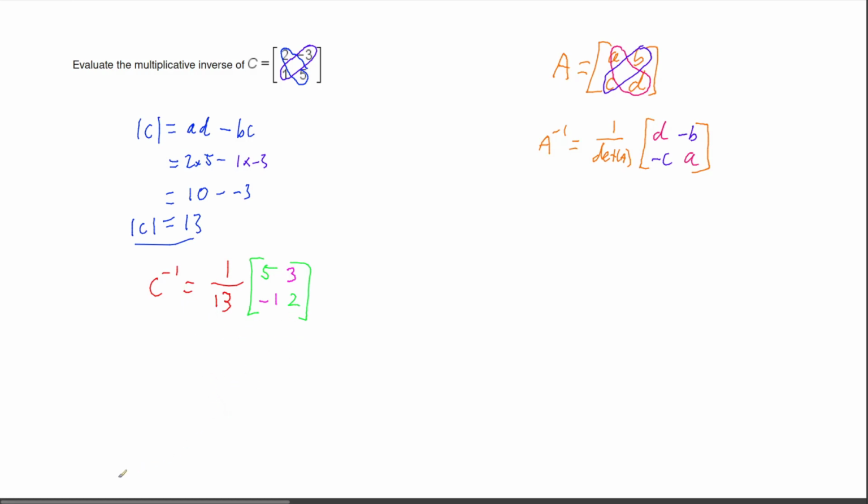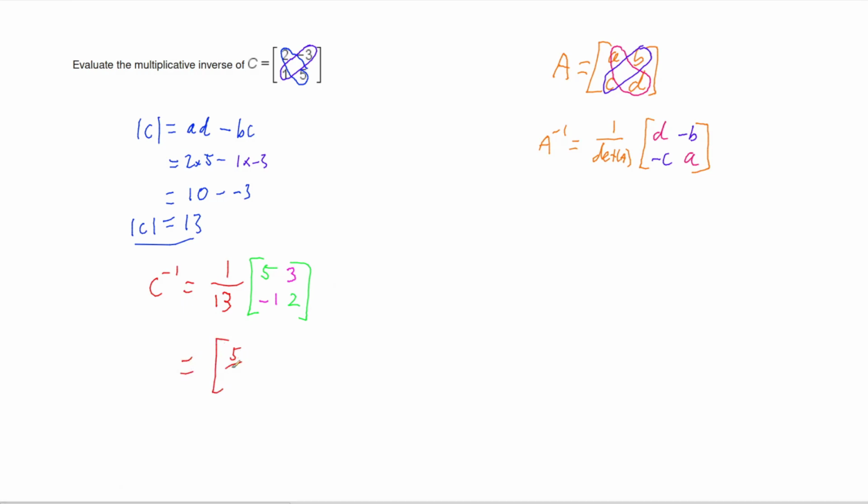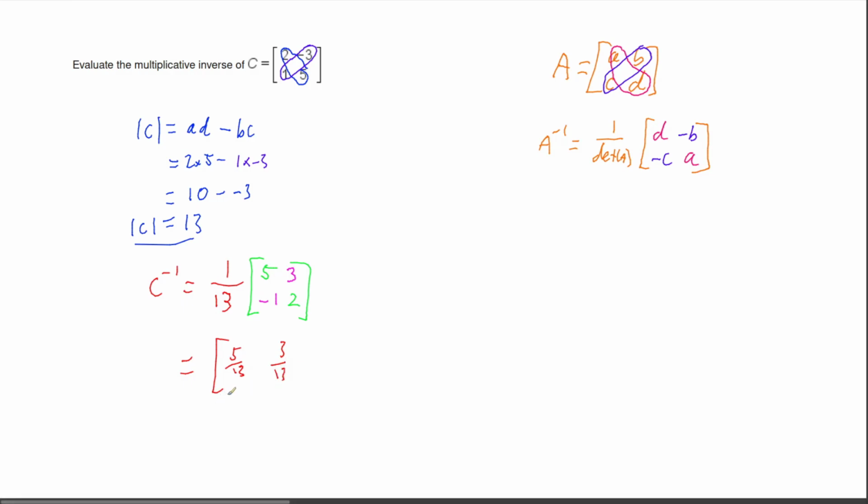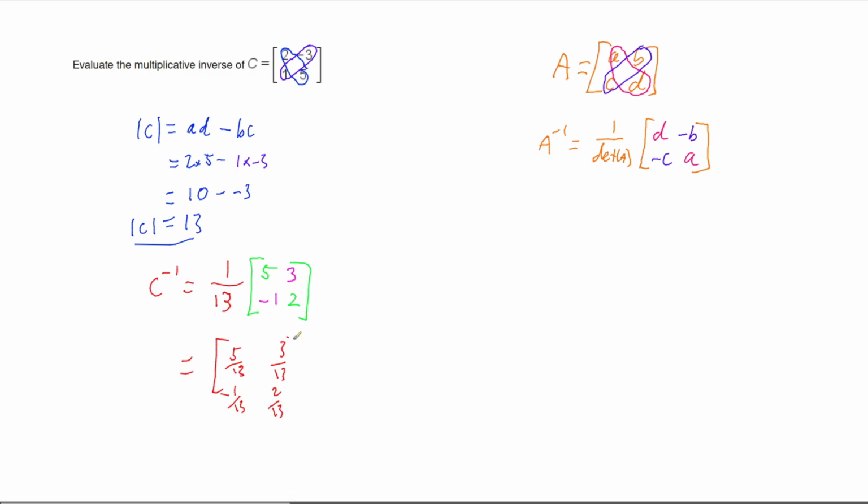Now you could multiply in the 1 over the determinant and get 5 on 13 and 3 on 13 and negative 1 on 13 and 2 on 13.